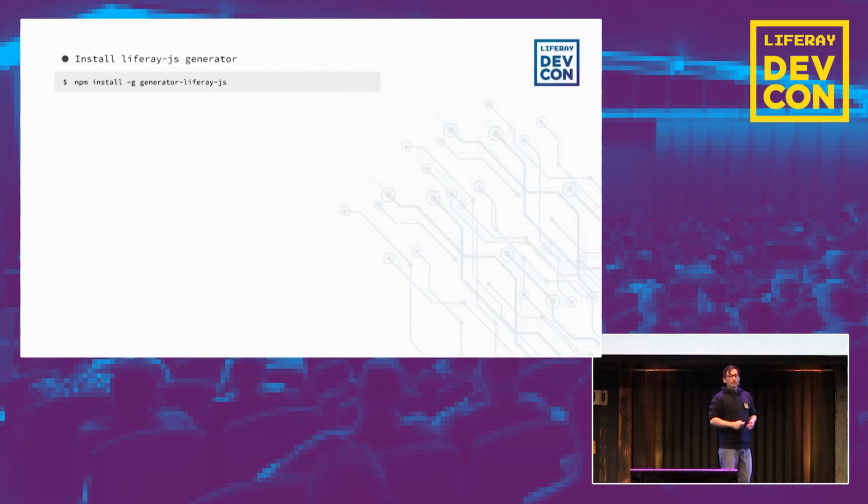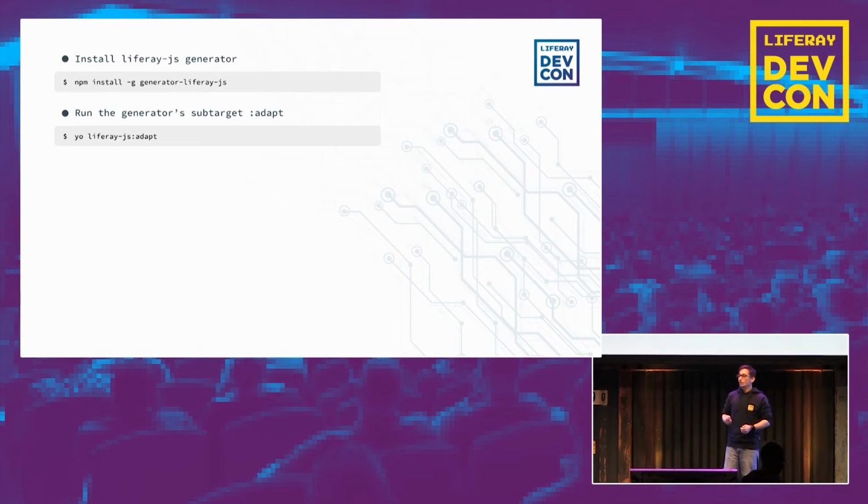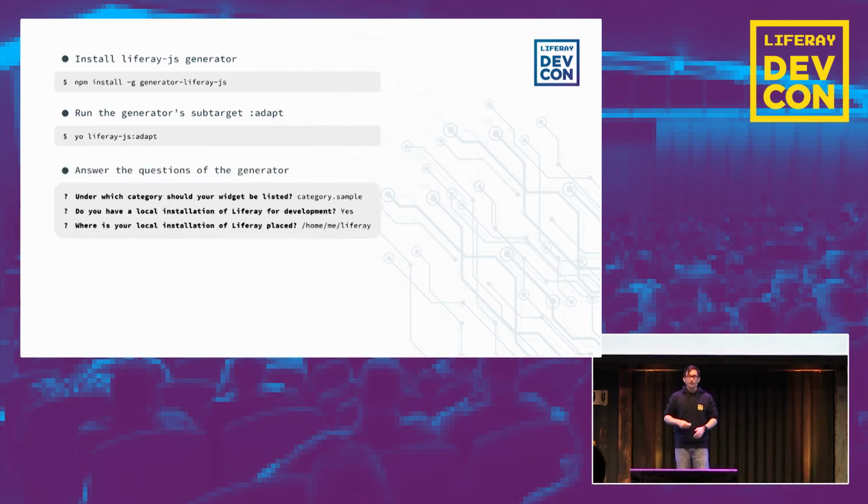First of all, we need to install the generator the Liferay js-toolkit provides. We do it using our favorite package manager, npm, yarn, whatever. And once it's installed, we go to our projects folder and run the generator, calling the subtarget adapt. Now we will be prompted some things, like in which category we want to list our application inside DXP, if we have a local development installation of Liferay, and if we do, where is it located?